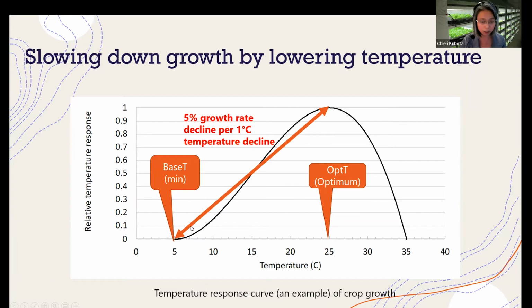And that would tell you that for every single degree C reduction, you can achieve roughly 5% growth reduction. So just slowing down means you need to expand the production time to meet the same size. But because that moment by moment growth rate is reduced, you can expect a lower risk of tip burn by doing this.